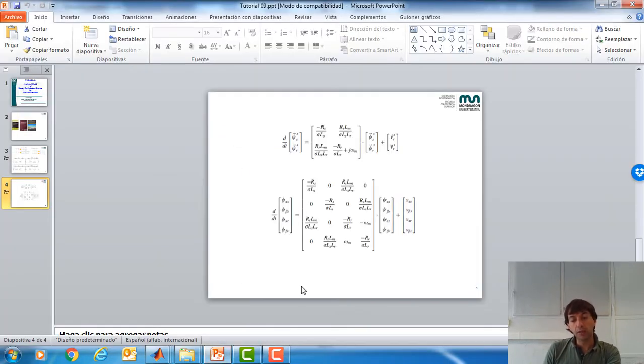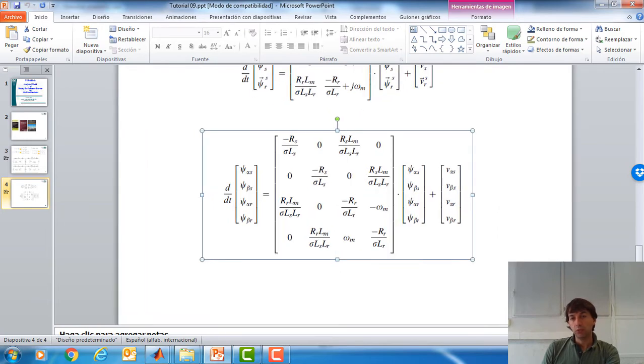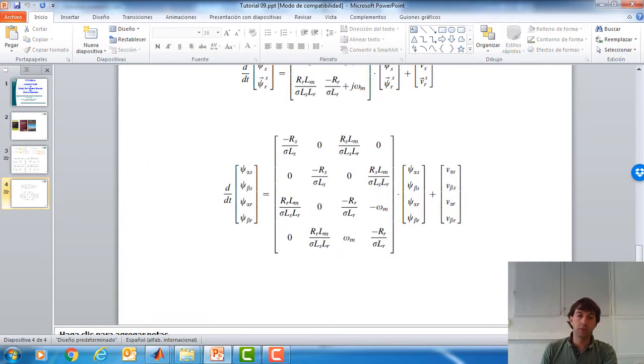We can implement this state space representation in many different, equivalent ways, but what we will first do is perform this mathematical expression, this product of two matrices, and then the addition of this vector.